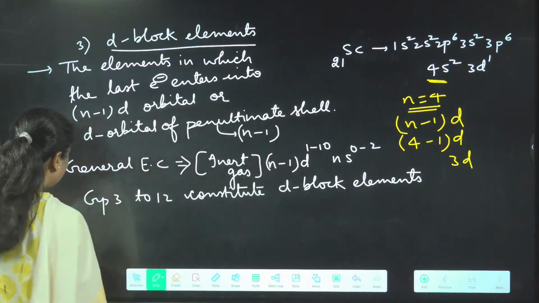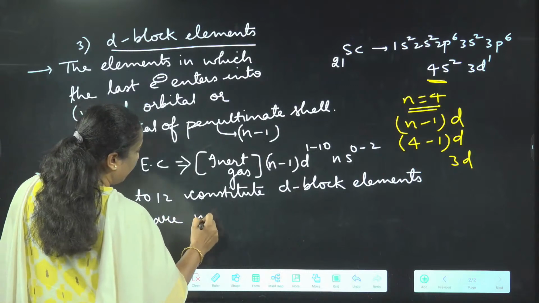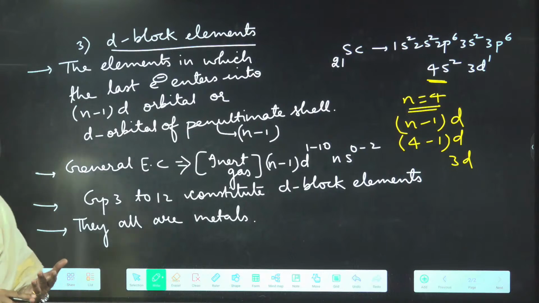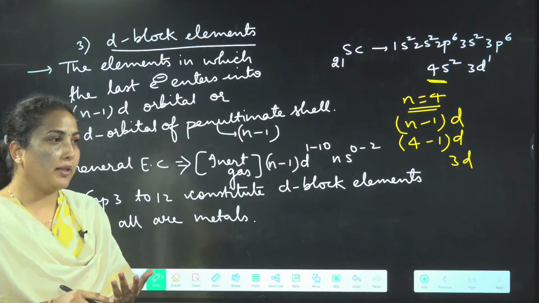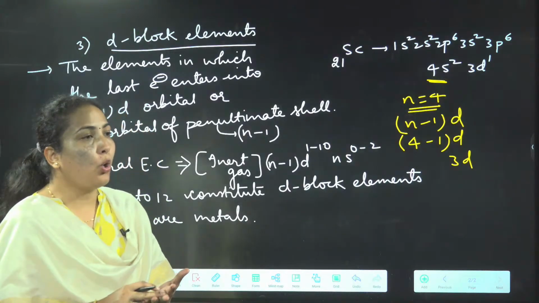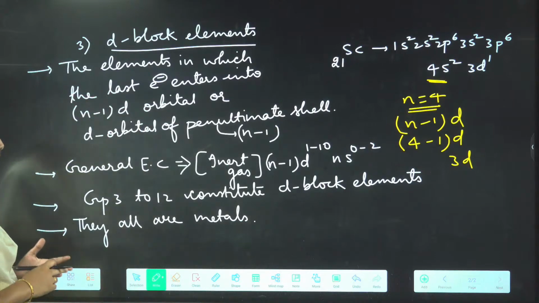And in fact, you must be very clear that they all are metals. So in the periodic table, when you consider S block elements, D block elements, and F block elements, they all are metals. There should not be any confusion about that. Okay. So please write this.